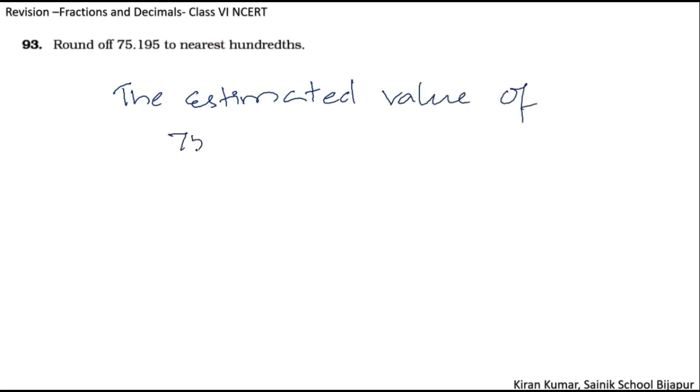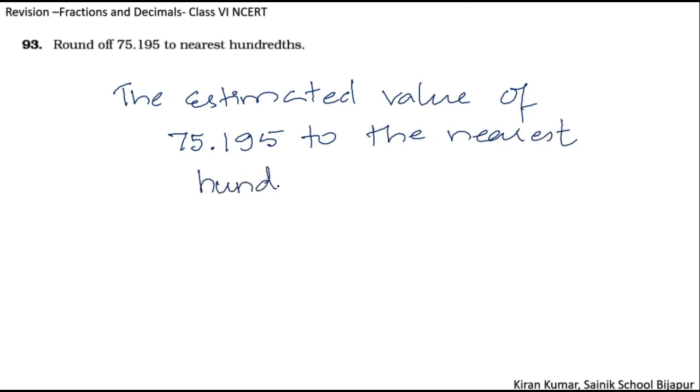Question 93, again it's a rounding off to the nearest hundredths. Now I need to write the estimated value of 75.195 to the nearest hundredth. That will be 75.20.